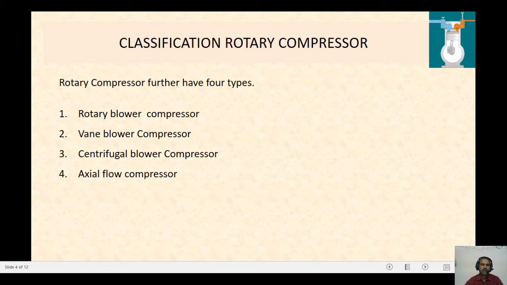One is the rotary blower compressor, which is known as the lobe type compressor. Second, the vane type compressor, third, the centrifugal blower compressor, or we can say a centrifugal compressor, and fourth, the axial flow compressor.